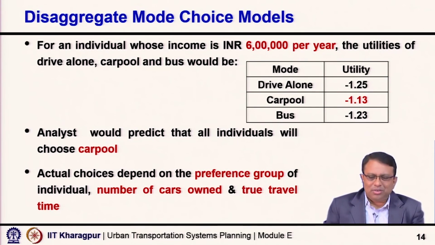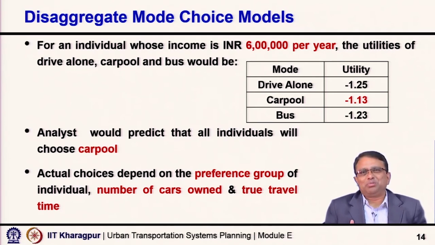So, that is what we have shown, that whereas things should be so different, we will actually predict as if everybody's choice will be the same, because of the way we have defined a group, the kind of measurements and variables we have taken. Based on that we are defining a group.